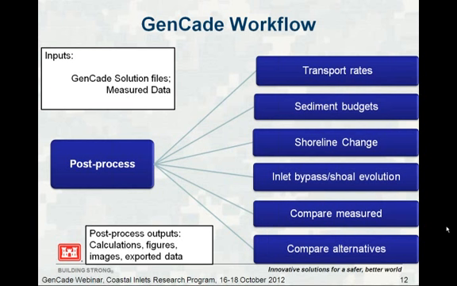You'll be able to tell that right away if your measured values are very different from your calculated GenCade values. And then you can also compare a number of alternatives. With post-process outputs, then we can have calculations, figures, images, and exported data.